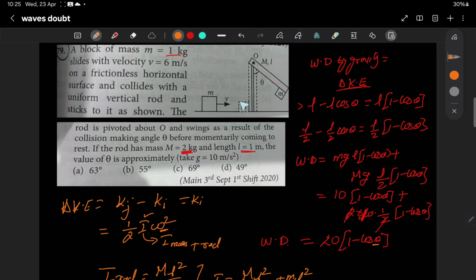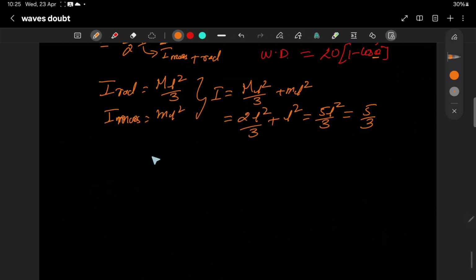Your initial angular momentum, before it is hitting the rod, what will it be? Simply P cross R. I'll write this separately. So initial angular momentum will be equal to final angular momentum. Initially the rod will be at rest, so only this particle has momentum. That is what? P cross R, correct? So P cross R will be equal to what? P is momentum, mass into velocity.